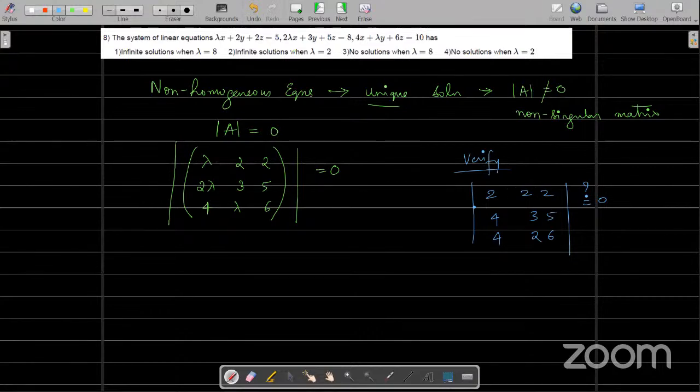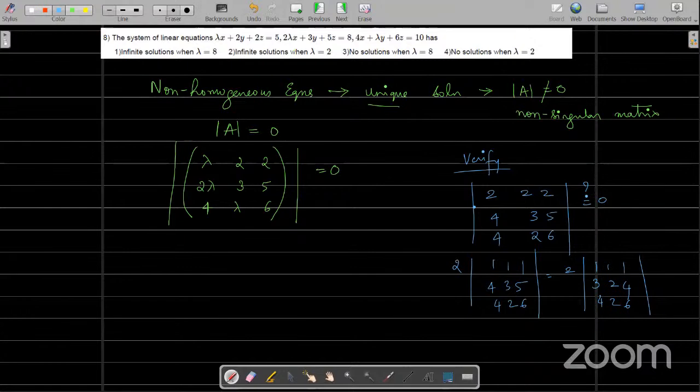No. But 2 is a common factor. So that means I can write 2 times 1, 1, 1, 4, 3, 5, 4, 2, 6. Then I can subtract 1, 1, 1, 3, 2, 4, 4, 2, 6 as is. Okay, this doesn't seem to go to 0. So that means lambda equal to 2 is not the case.